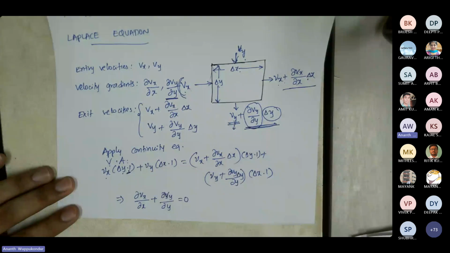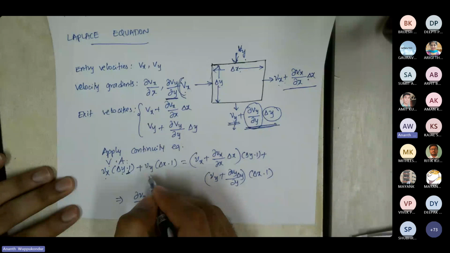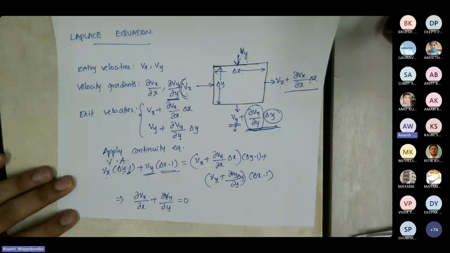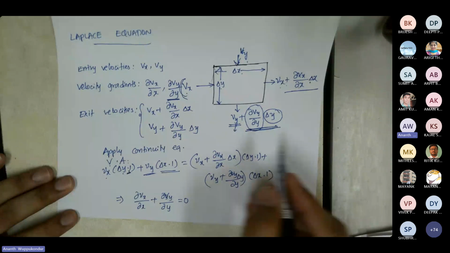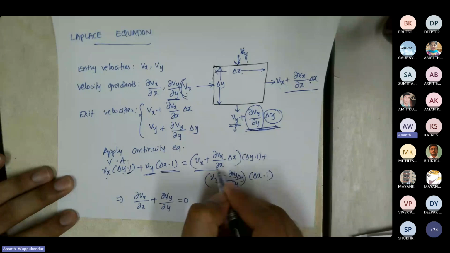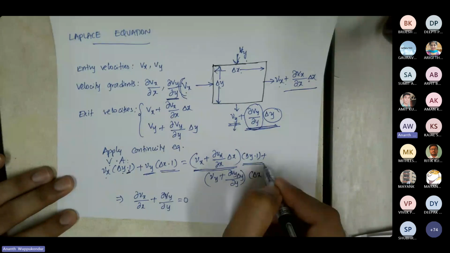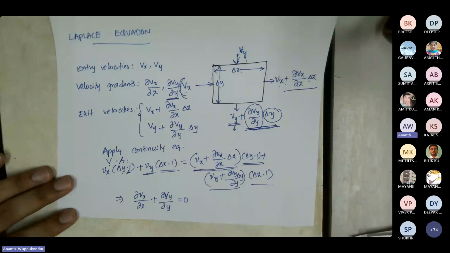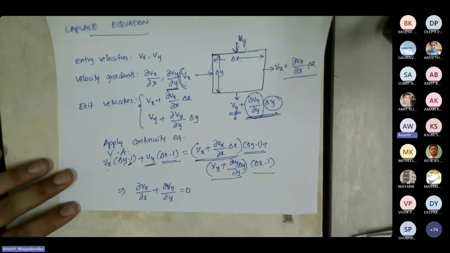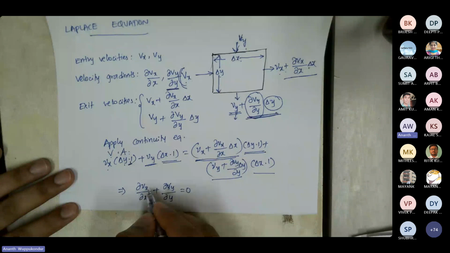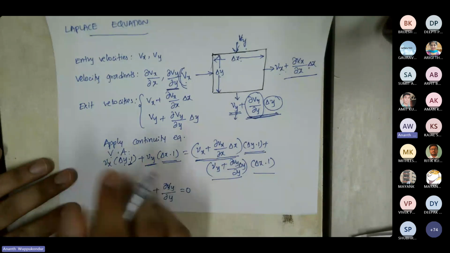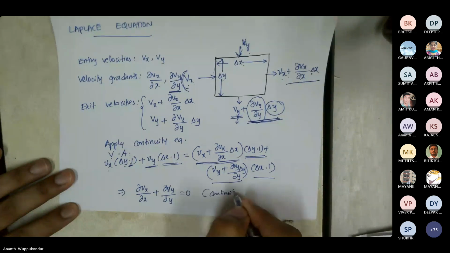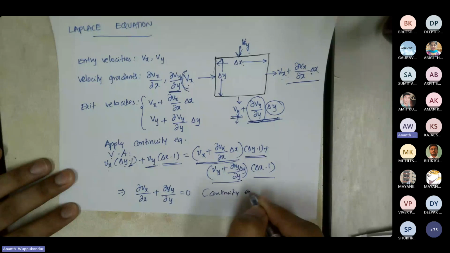And then from the top in the y direction we have flow, that is Vy multiplied by delta x times 1. And the flow that is exiting is given by the exit velocity multiplied by the cross section area in the x direction, and the exit velocity in the y direction multiplied by the cross section area. So if you simplify this continuity equation, then you get this relation where ∂Vx/∂x plus ∂Vy/∂y equals 0. So this is the continuity equation, the continuity equation in partial differential form.